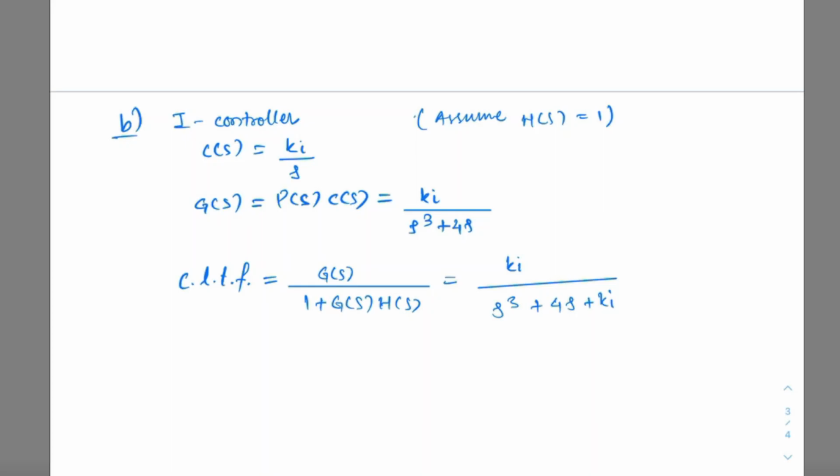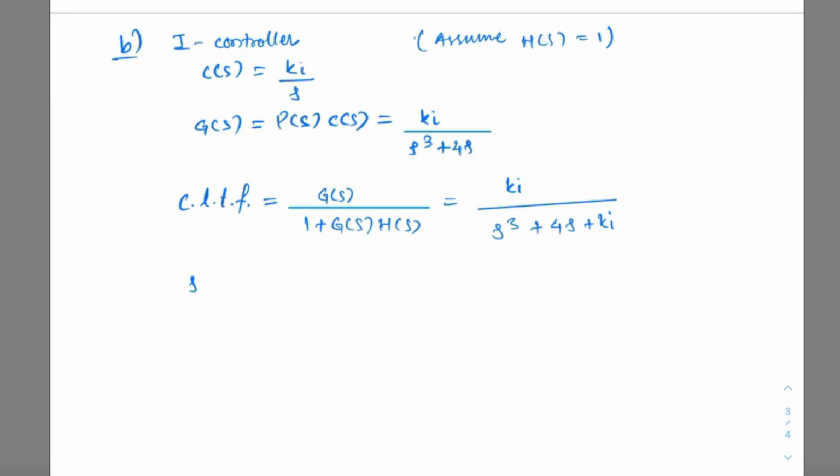So if we were to take a look at the Routh array, we have 1, 0, 4 and Ki.